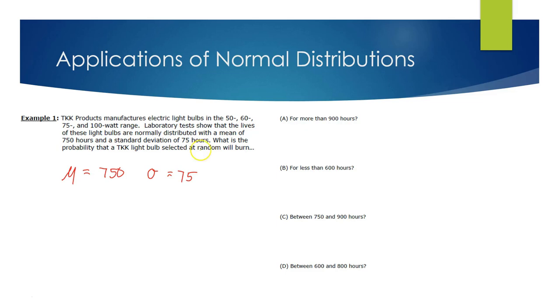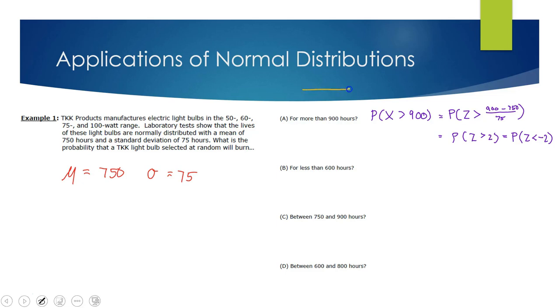So for the first one, the probability of a randomly selected light bulb lasting more than 900 hours is basically the same as the probability that z is greater than 900 minus 750 over 75, which of course would be 2. Now, using symmetry again, we're looking essentially for this area here, where z is 2.